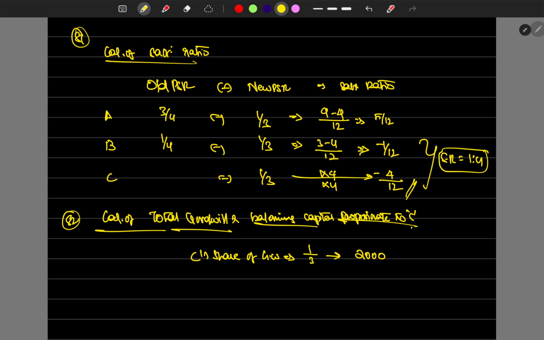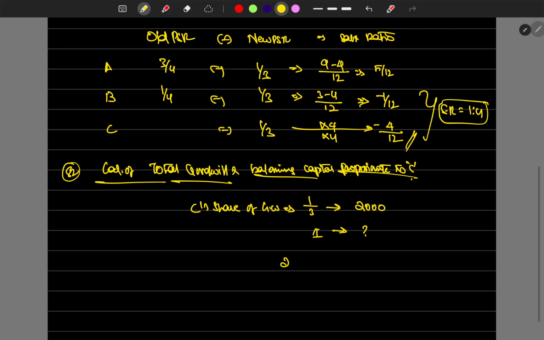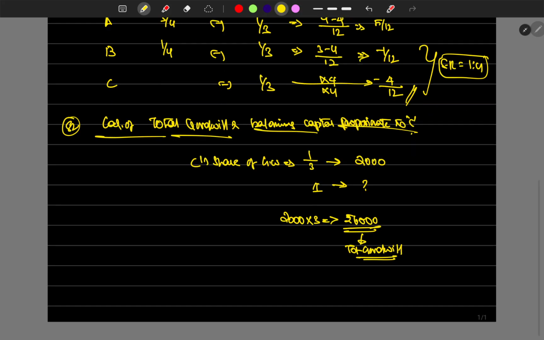If 1 by 3 is 2000, what for 1? 2000 into 3, which is rupees 6000, is the total goodwill. Yes, that's it, we found it.